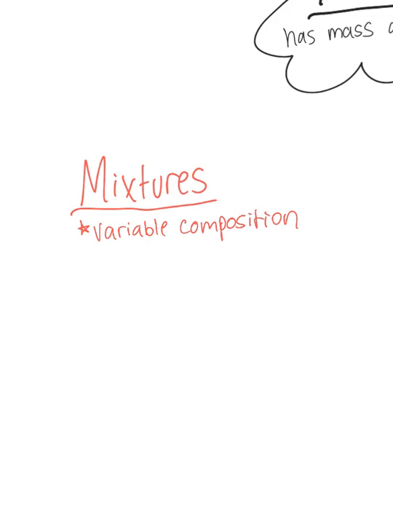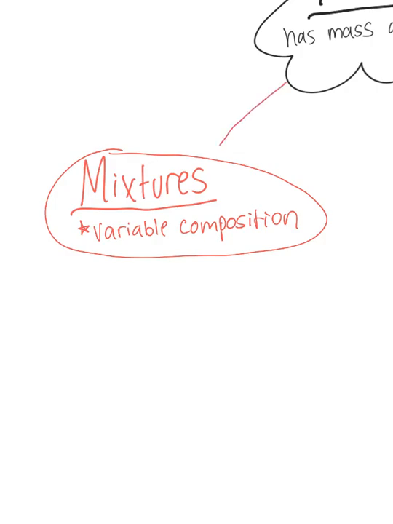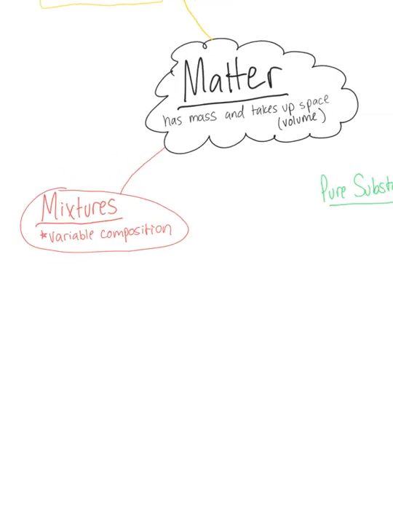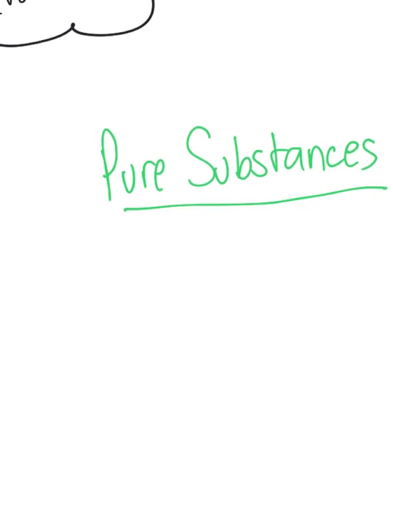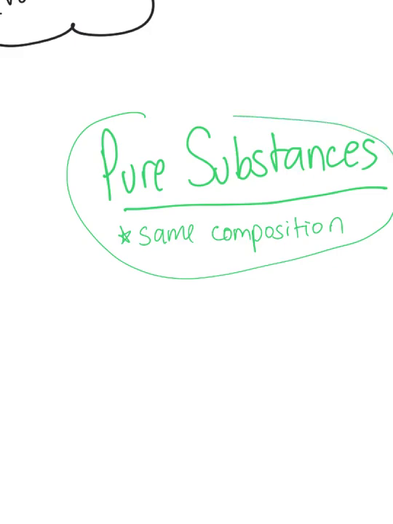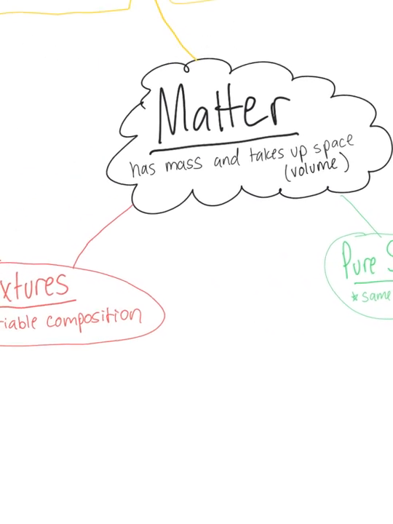So that means it's made up of more than one thing, okay? It has more than one thing coming together to make it what it is. And a pure substance is something that has the same composition. Okay, everything in it is made of the exact same thing. It has the same composition throughout.